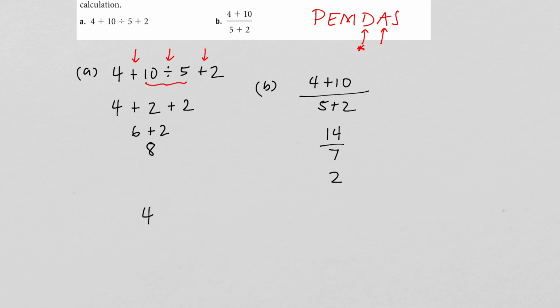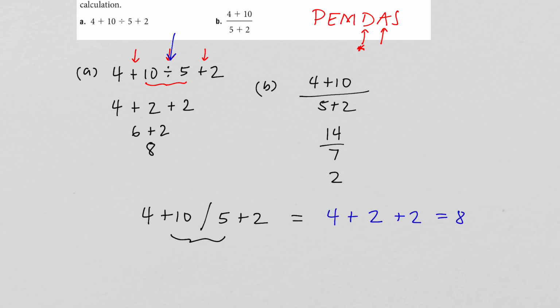If you just type in 4 plus 10 divided by 5 plus 2, this will be incorrect on a calculator, because what the calculator will do is it will do 10 divided by 5 first, just like we did in the first example right here. And so that'll work out as 4 plus 2 plus 2, which we know is 8.